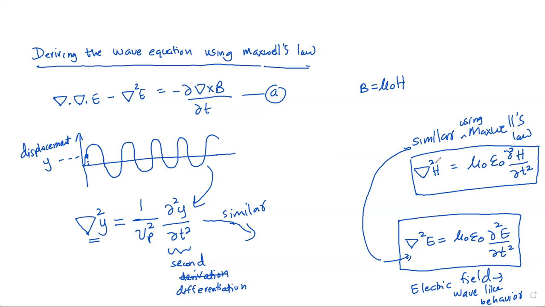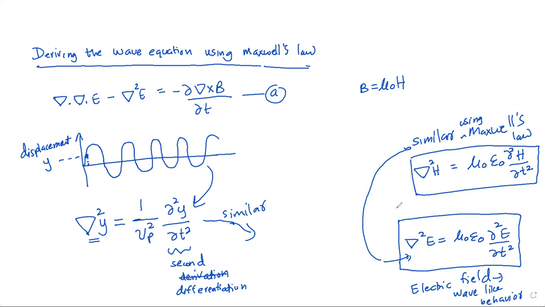So instead of B, we will use H here. It is basically because of the mu naught epsilon naught. And if we get them together at one point, then we can write B also in this equation. We can substitute B also into this equation. So basically the electric field and the magnetic field will be following wave-like behavior.